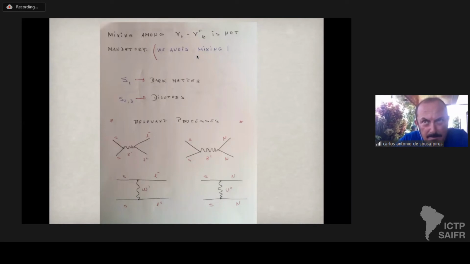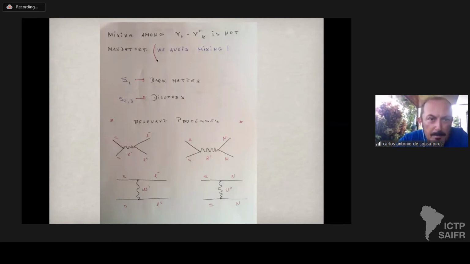Then, in face of the type 2 seesaw mechanism, the right-hand neutrino doesn't need to mix with the left-hand neutrino. In fact, there is an intrinsic symmetry in the model, a kind of R-parity symmetry, like in supersymmetry, that avoids this mixing. If you wish to have this mixing, you have to break this symmetry. That is not the case in this work.